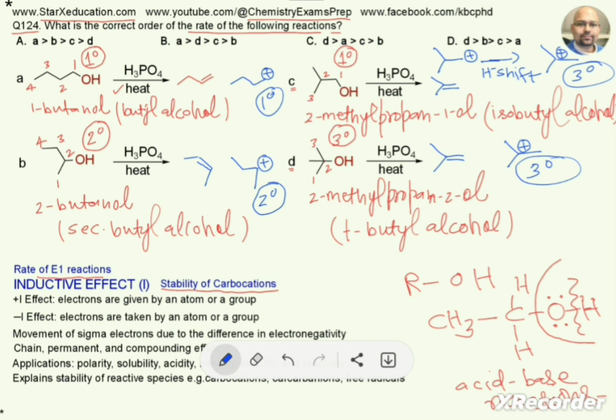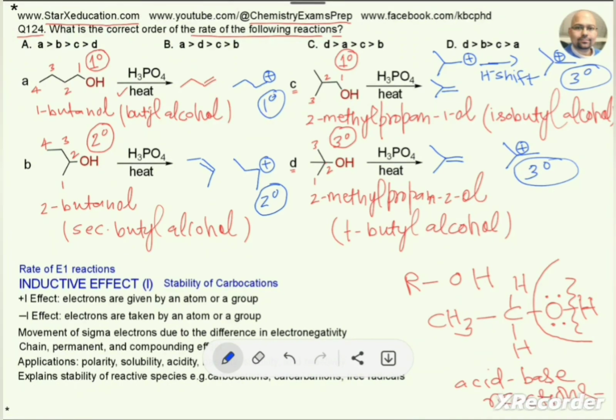The first reaction goes through a primary carbocation, the second reaction goes through a secondary carbocation, and the third and fourth reactions would undergo through tertiary carbocations. We know that tertiary carbocations are more stable than secondary carbocations, and secondary carbocations are more stable than primary carbocations.